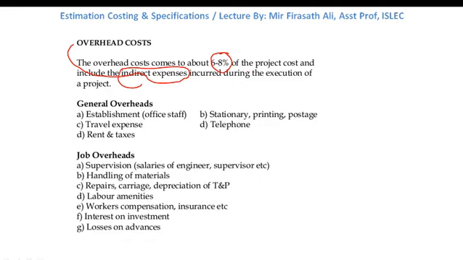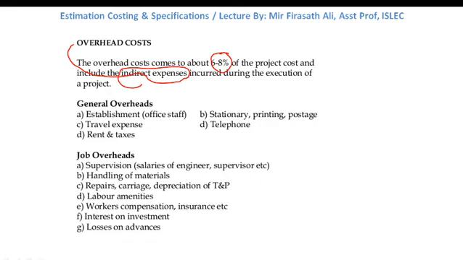General overhead charges are nothing but establishment charges, that is, paying salaries to office staff, etc., stationery, printing and postage, travel expenses, telephone, and rent and taxes. When we talk about job overheads: supervision, the salaries of engineers, supervisors, etc., handling of materials, repair, carriage, and depreciation of T&P.